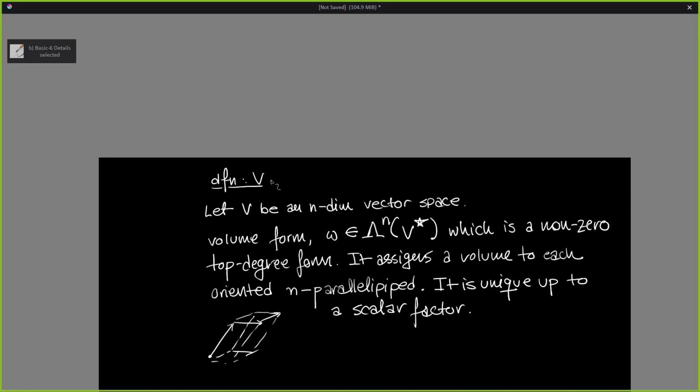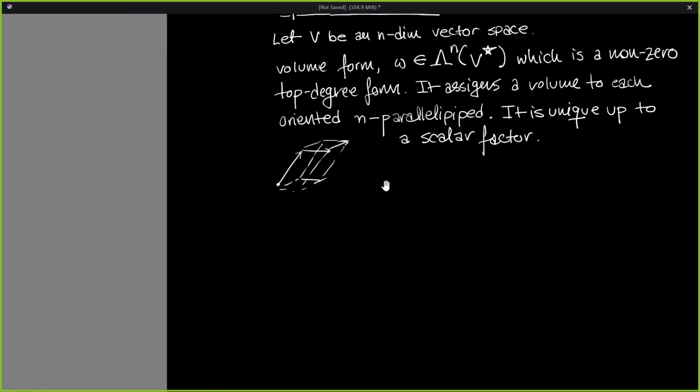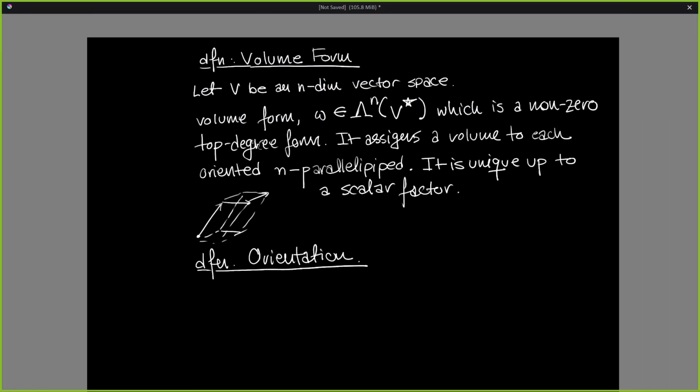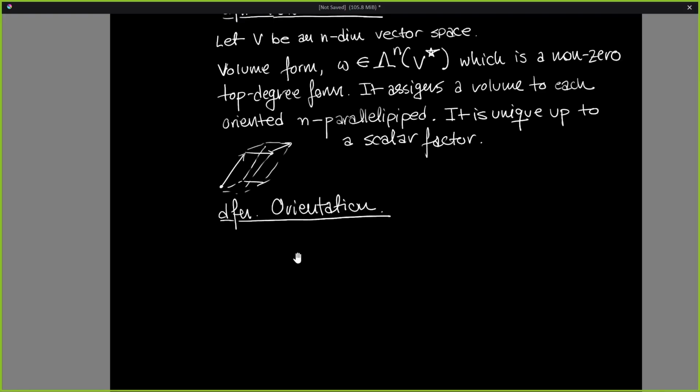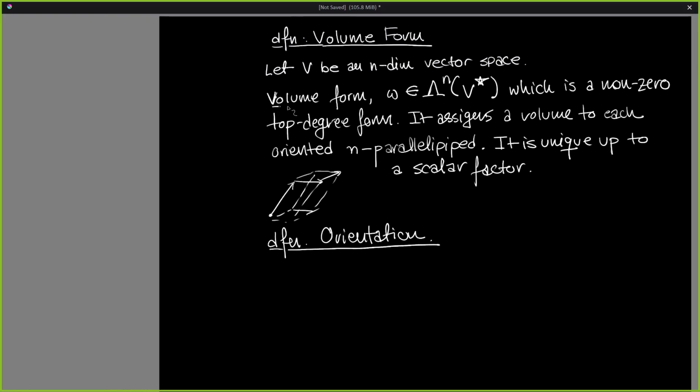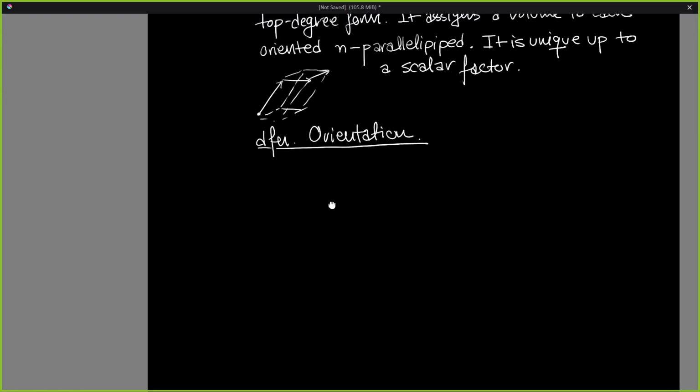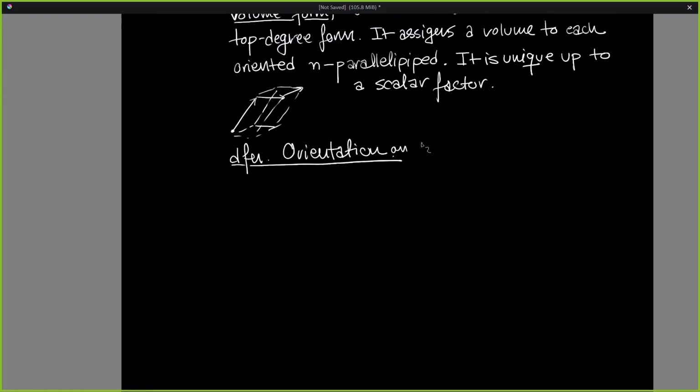We haven't defined, oopsie, this is a volume form. And then we're going to define an orientation. Okay, so I said we're going to define an orientation and then I just started writing volume form. That's funny.